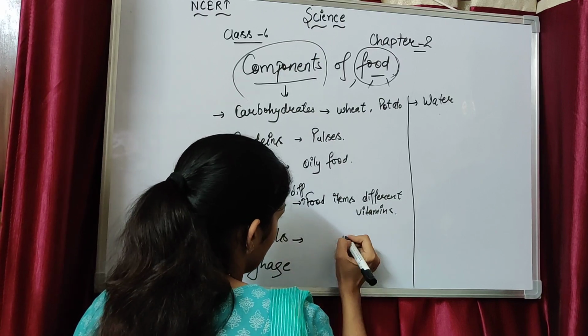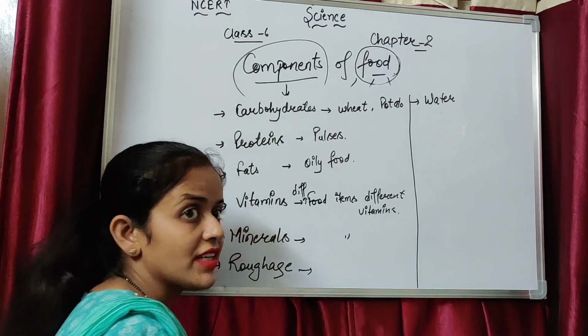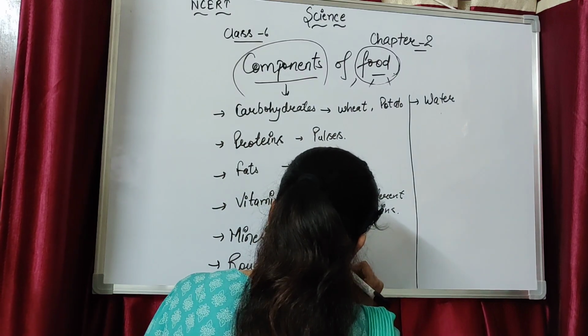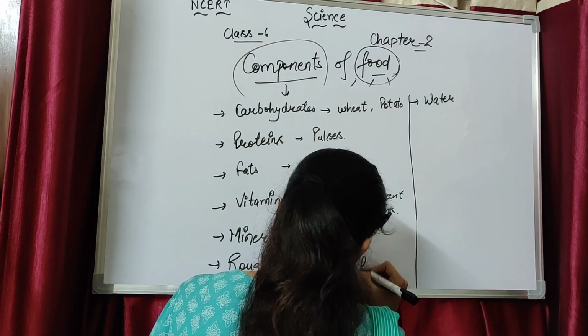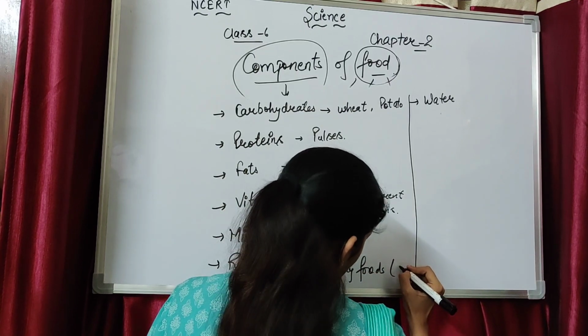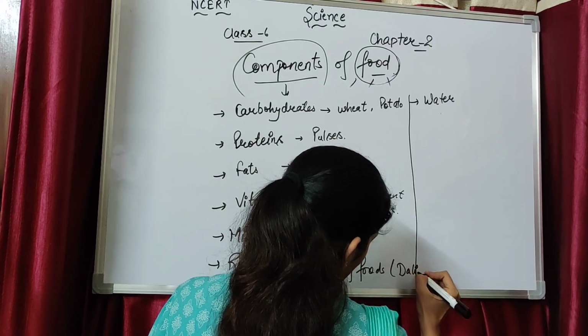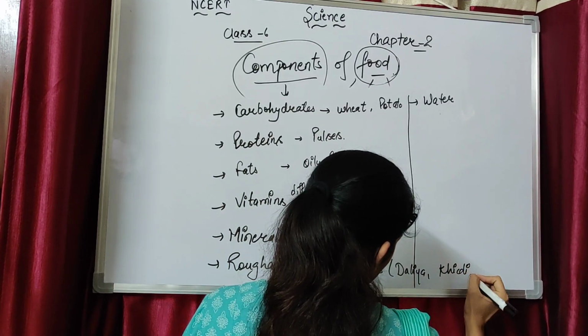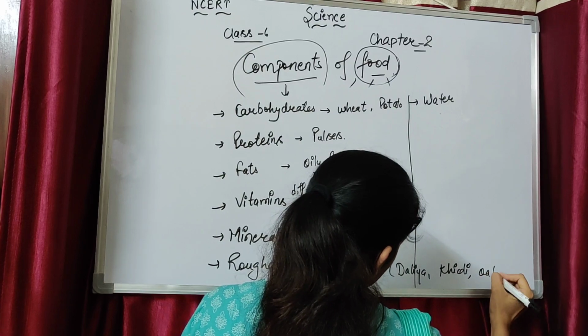Minerals are also the same thing. And roughage is dietary food, known as dalia, khichdi, oats.